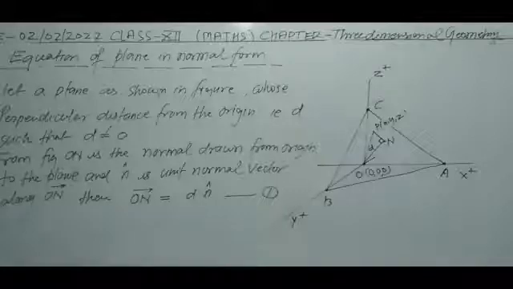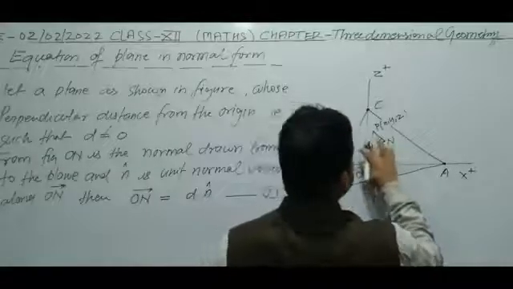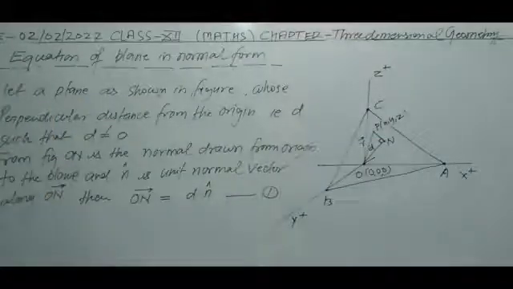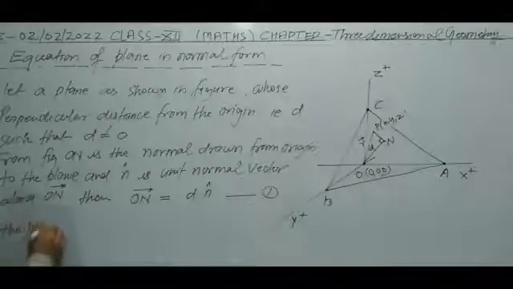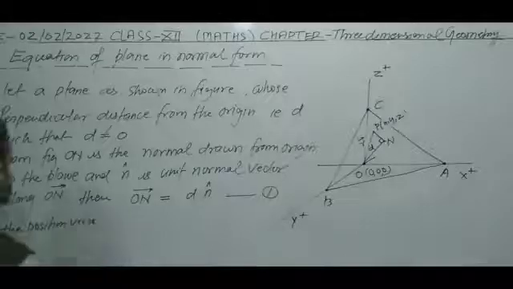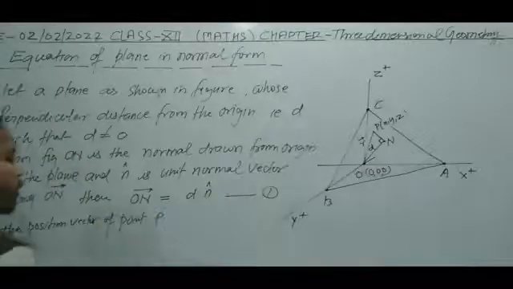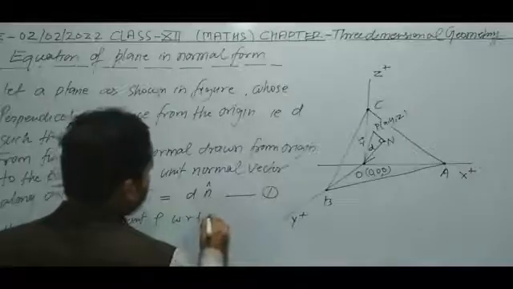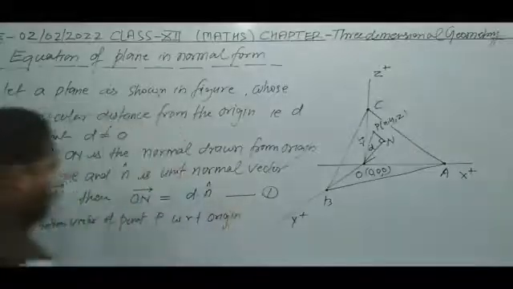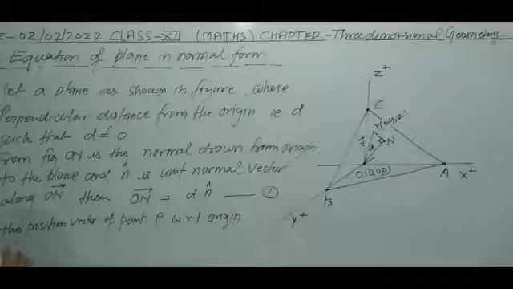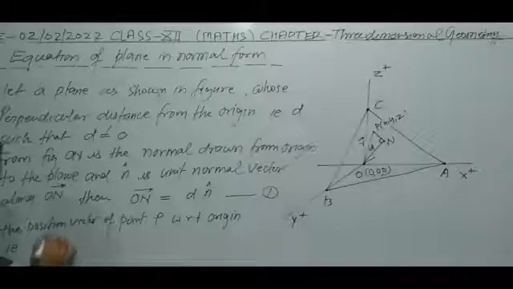And from figure it is clear OP is equal to R vector. OP means the position vector of point P with respect to the origin, that is OP vector.